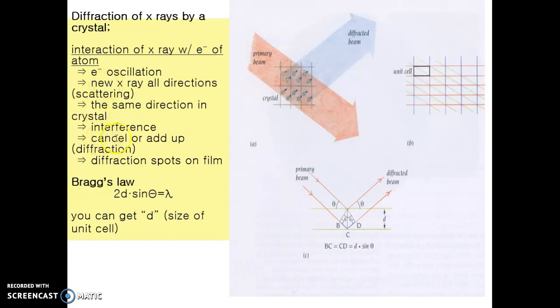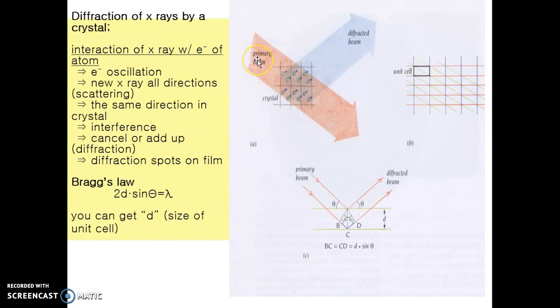They could cancel each other, or in some cases they could add up to be strong X-rays. Such added-up X-rays could produce diffraction patterns on the detector.